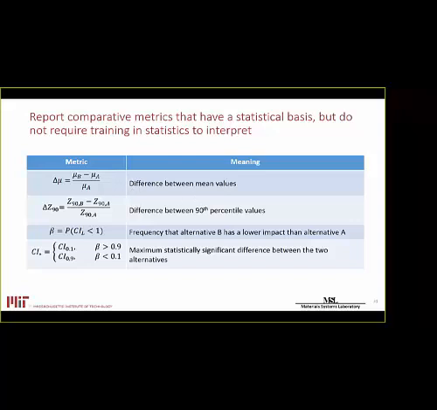But if we do a probabilistic analysis, we can also report 90th percentile values. I mentioned we can also talk about the frequency that alternative B has lower impact than alternative A. And then we can also calculate a maximum statistically significant difference between the two alternatives. So we can report all these things without showing PDFs or CDFs, and we can tell people this is kind of how much confidence we have in the results without actually getting into those kinds of details.